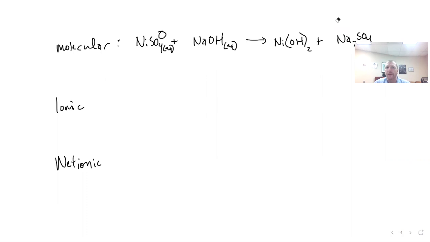So whenever I'm balancing an ionic equation, I'm going to look at my ions. I've got 1 nickel ion, 1 nickel ion, 1 sulfate ion, 1 sulfate ion. How many sodiums do I have? Well, I got 1 over here and I've got 2 over here. So then I've got 2 hydroxides. If I put a 2 in front of there, I'm balanced. Okay. Now, hydroxides are quite often insoluble.